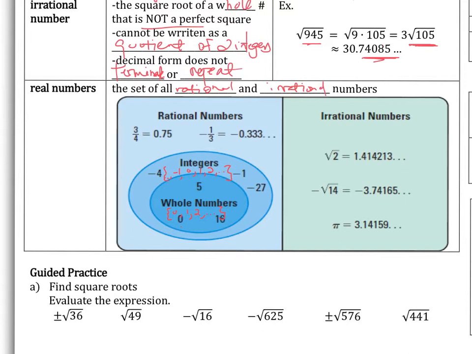In general, rational numbers can be expressed as a quotient of two integers, such as 3 over 4, or a repeating decimal. And for irrational numbers, you could have square roots with decimals that don't terminate, nor do they repeat, or pi is a really good example.